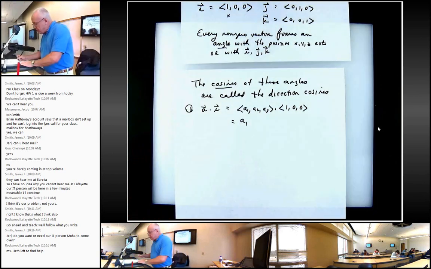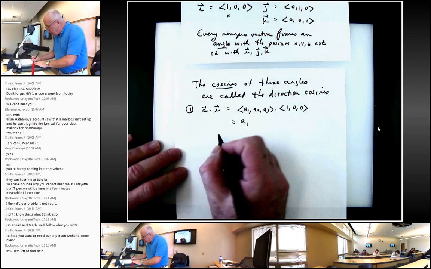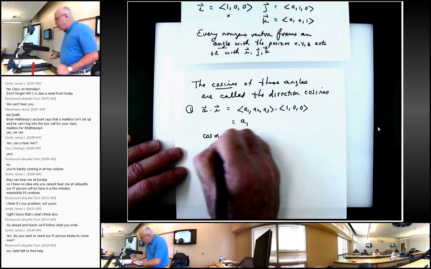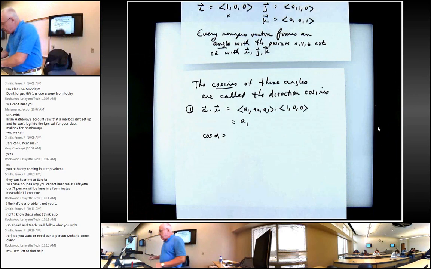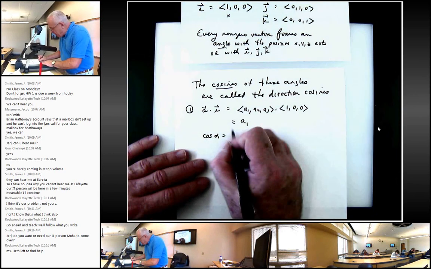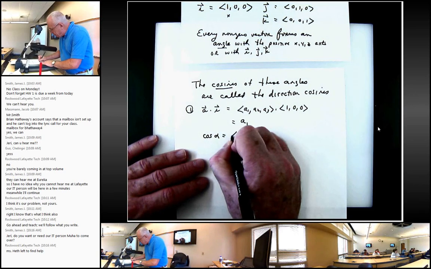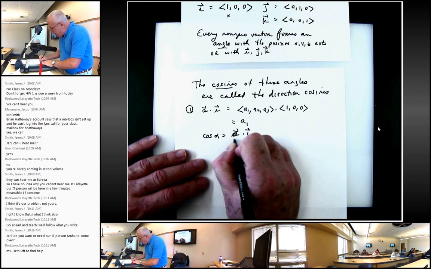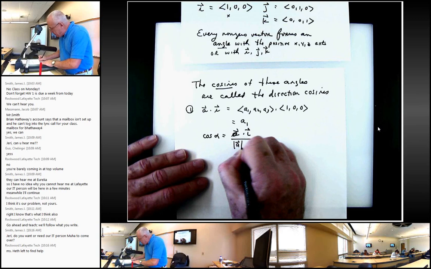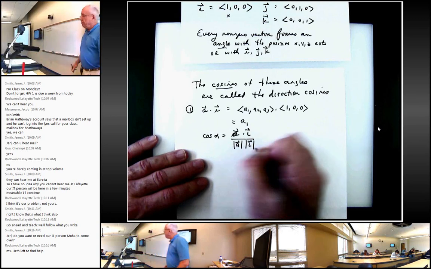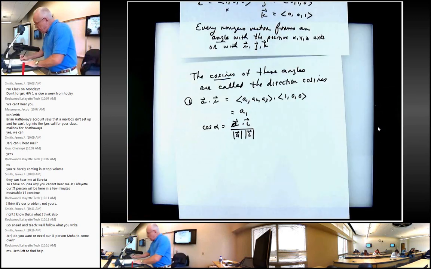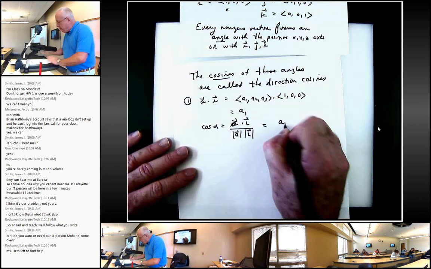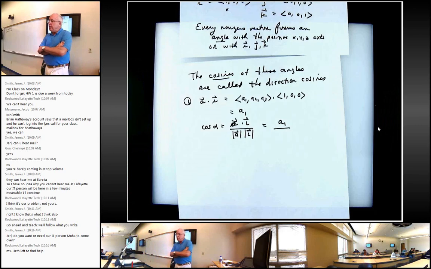Okay? So therefore, we know that the cosine of the angle between A and i is equal to the dot product, A dot i, over the magnitude of A times the magnitude of i. Well, we've already figured out what the top is equal to. That's equal to A sub 1, the first component of A.